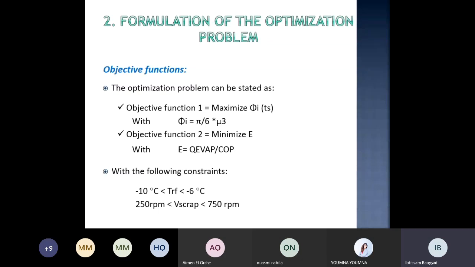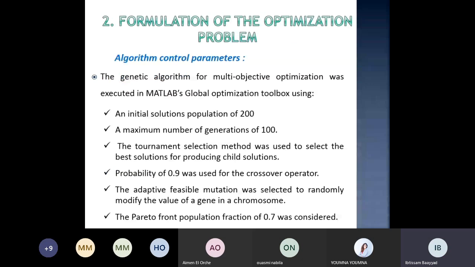The mathematical formulation of the objective functions is expressed in terms of moments based on the developed model published in previous works. The genetic algorithm for multi-objective optimization in our case was executed in MATLAB's Global Optimization Toolbox using an initial population of 200 and a maximum number of generations of 100.